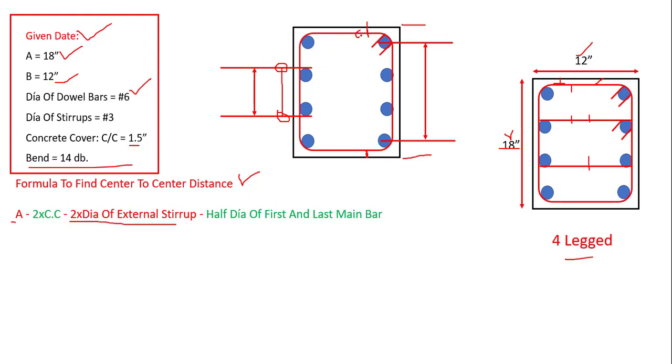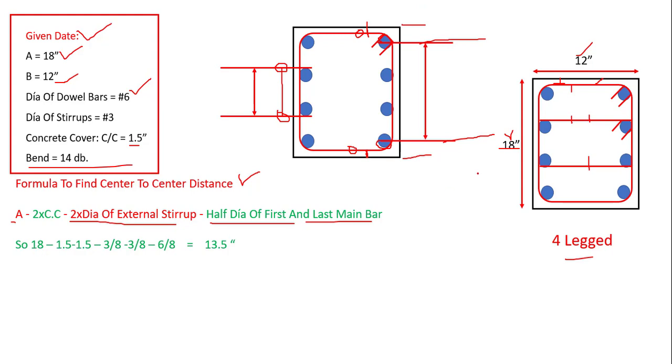So we have to deduct the dia of external stirrup from both ends as well. Then again we need to deduct half dia of the first bar and the last bar as well. We need to deduct half dia of this bar and half dia of this bar in order to reach up till this position. So let's put the values over here.